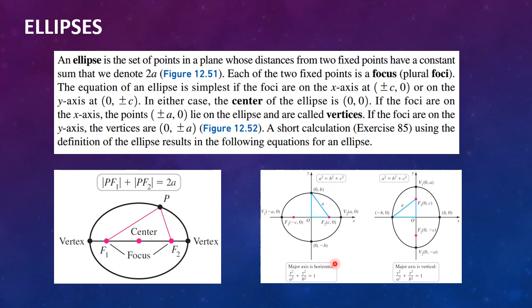A short calculation using the definition of the ellipse results in the following equations for an ellipse that we see in the diagram here, below and on the next slide.